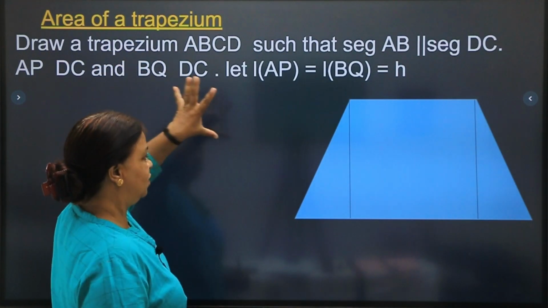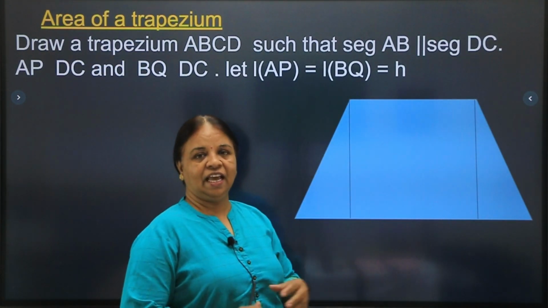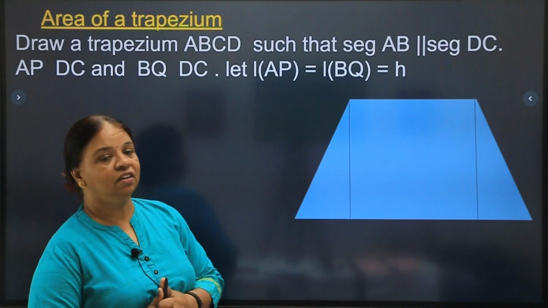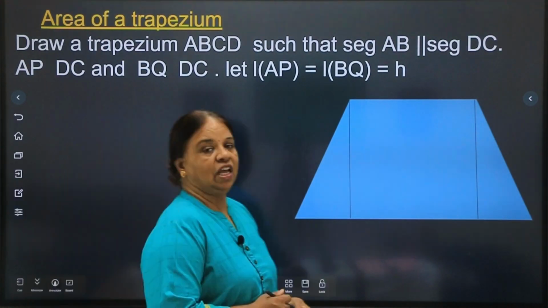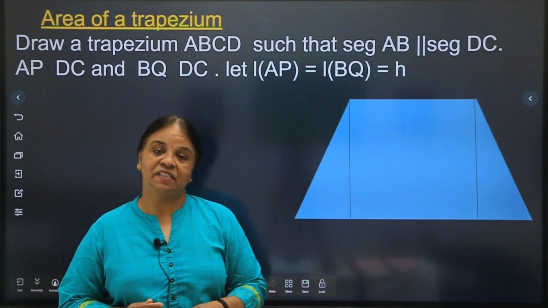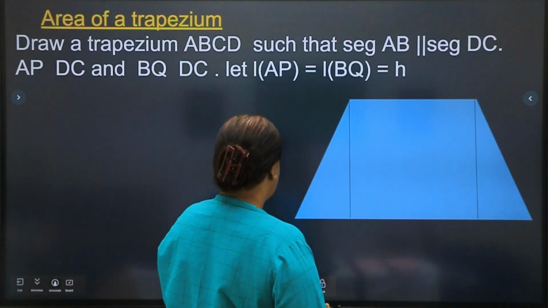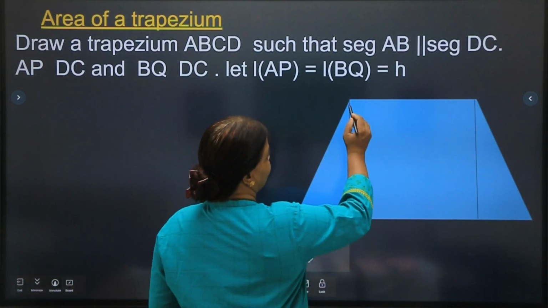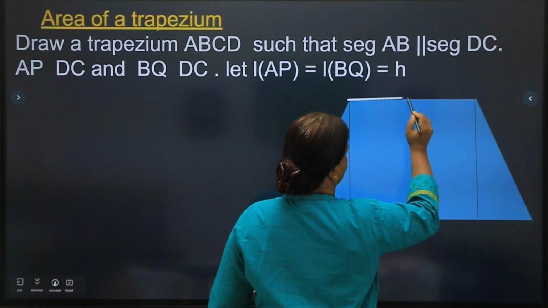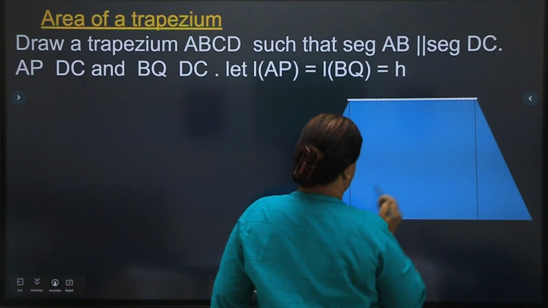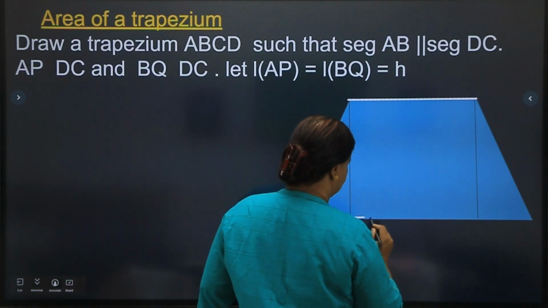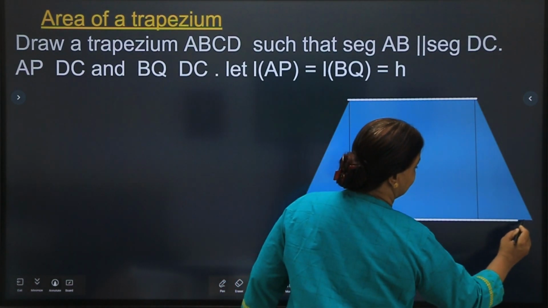Here you can see a figure, and this figure is the figure of a trapezium. And why do you say this figure is a trapezium? Because children, here we can see one line, and there is another line which is parallel to the upper line.